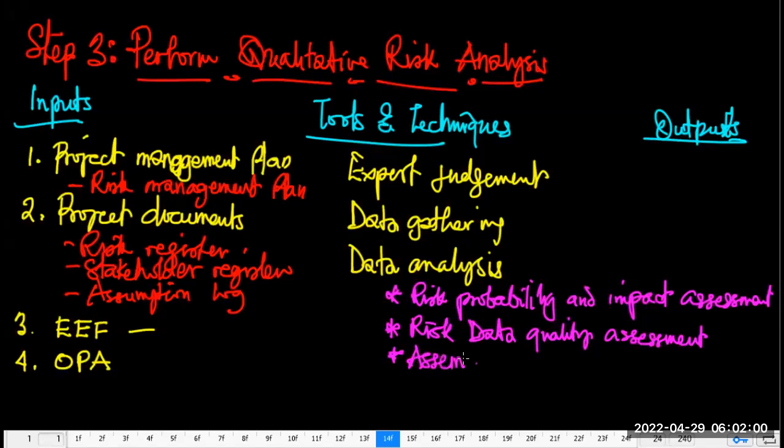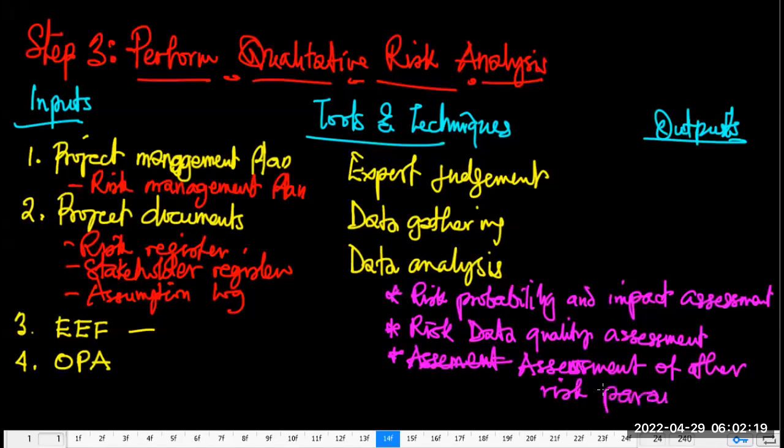You need that. Right, so those are basically the data analysis techniques you need for qualitative risk analysis.